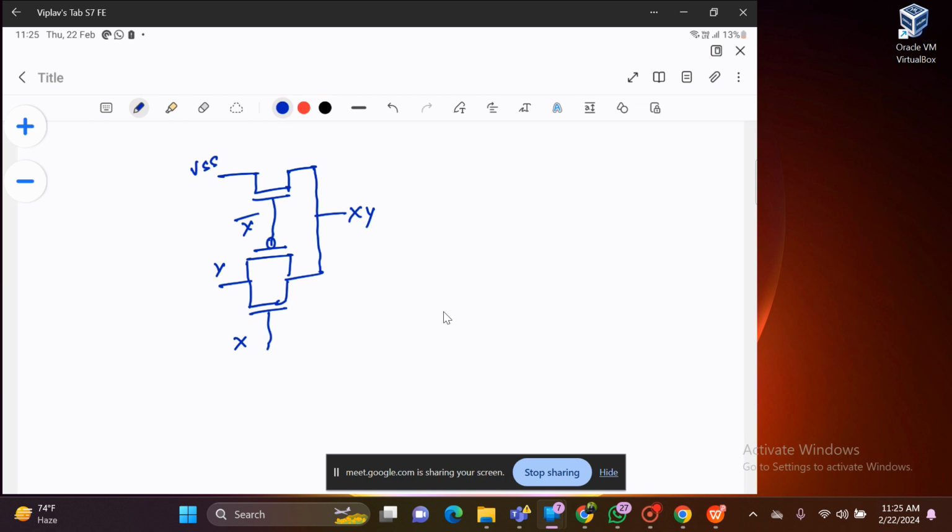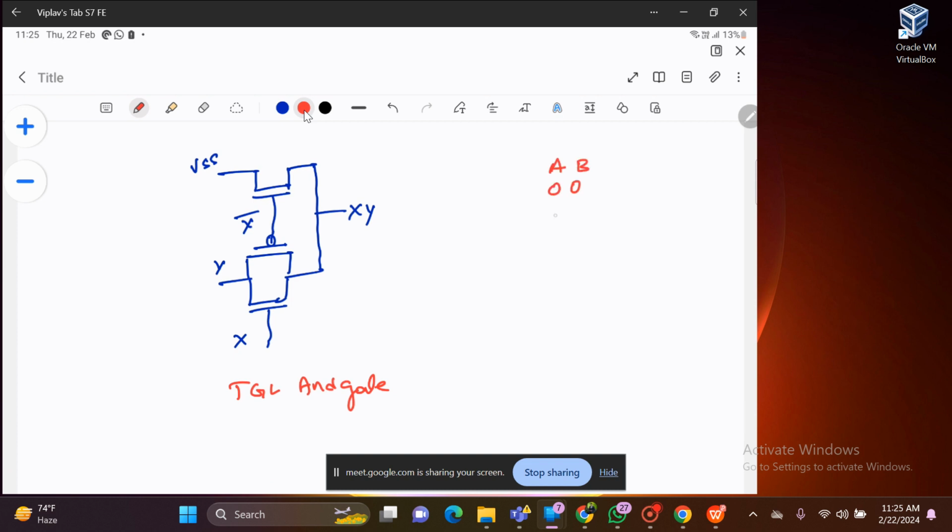So this is the transmission gate logic AND gate. Before that you should know the truth table, 00, 01, 10, 11. The outputs are 0, 0, 0 and 1 for the AND gate, A and B. Here AB is replaced with XY, X into Y. First you have to know which one is a PMOS.